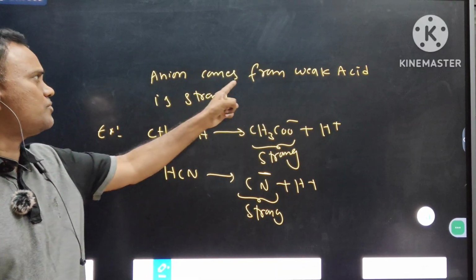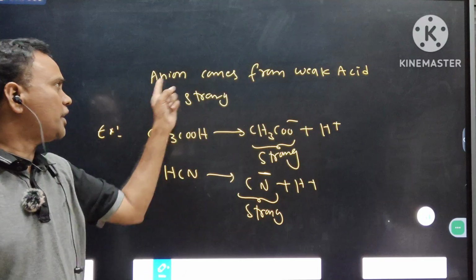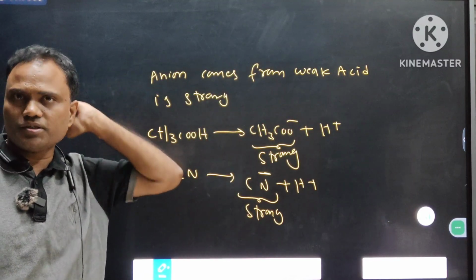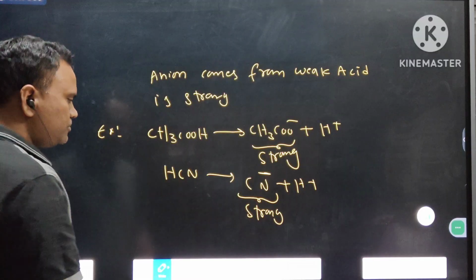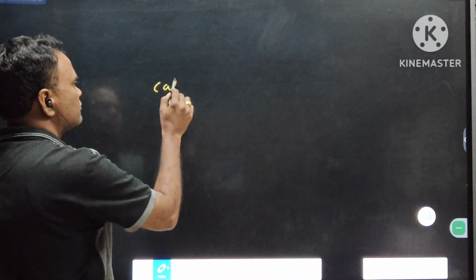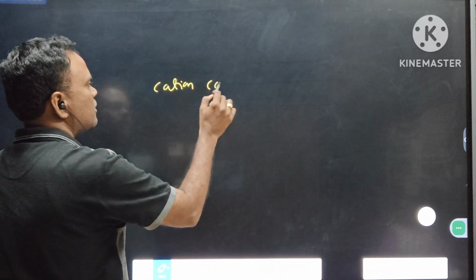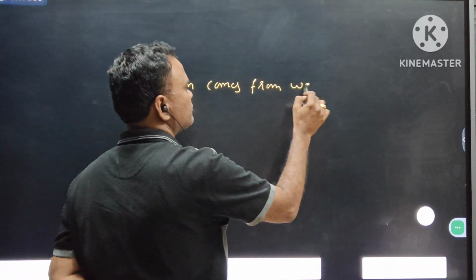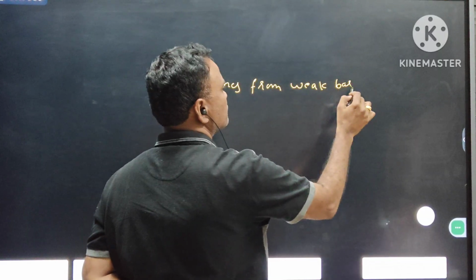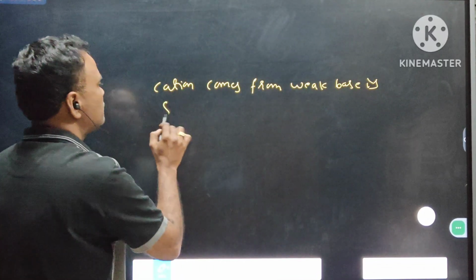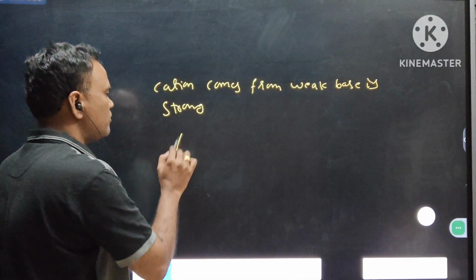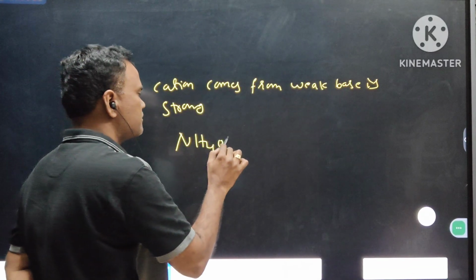Similarly, a cation which comes from a weak base is strong. See the weak bases. For example, ammonium hydroxide is a weak base.